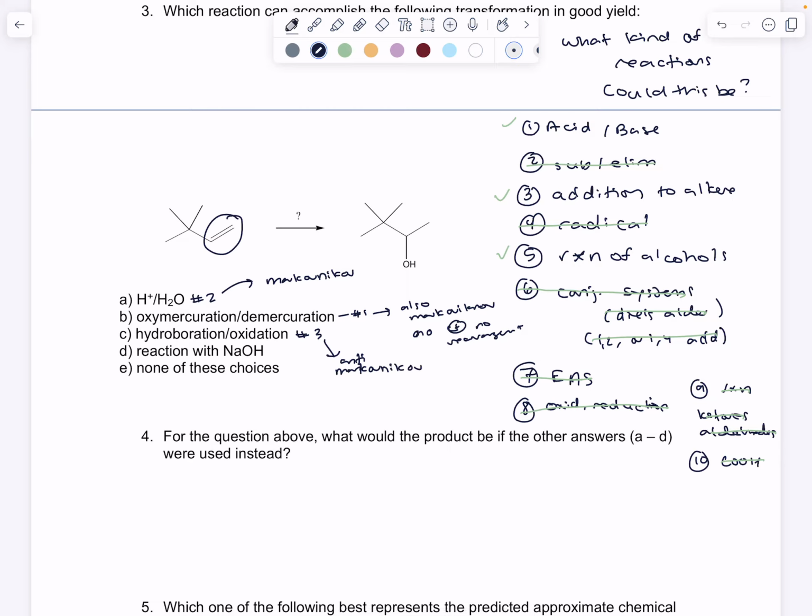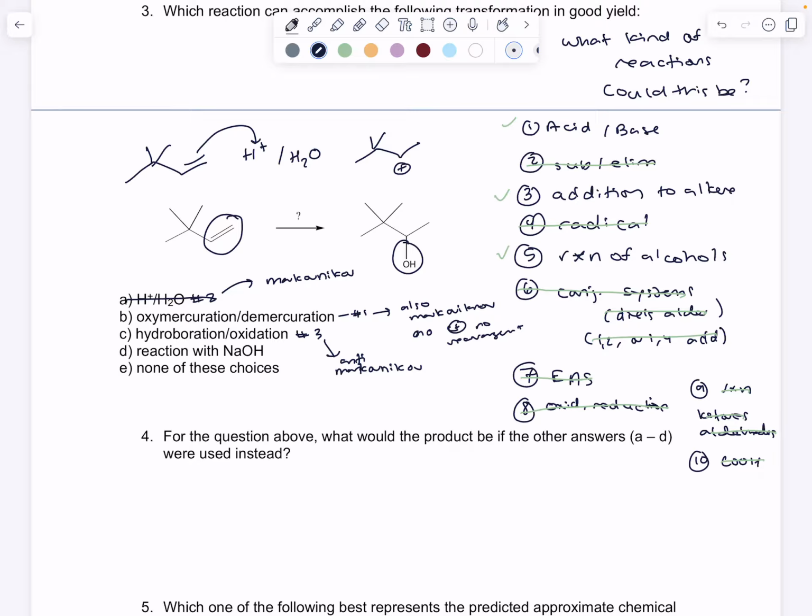So when I'm looking at this, honestly for me, the easiest thing to do is assume that it's H plus and water first. And I just see what happens. So if I do that, then I know that I would get my carbocation here. And then it must rearrange. So that tells me it's probably not oxymercuration, demercuration. Sorry, I said the carbocation having rearrangement means it's not H plus and H2O.